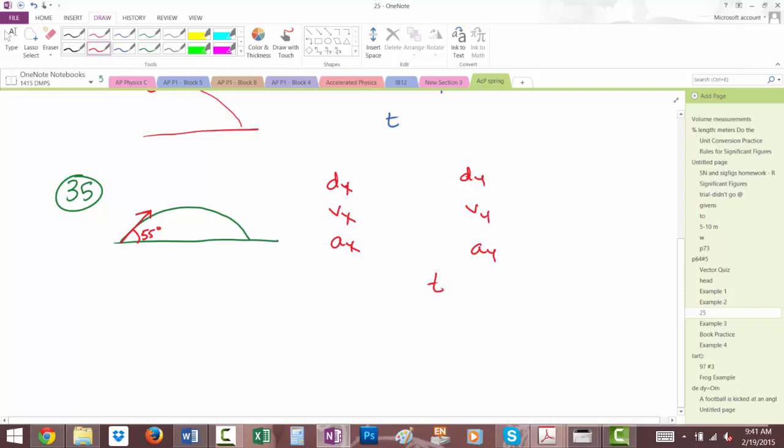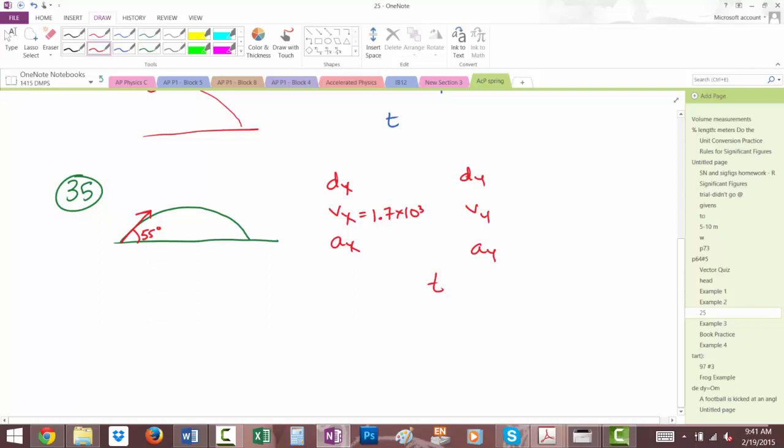I want to talk to different people. Give me a given for 35. Go, Jake. Vx is 1.7 times 10 to the third. Is all of the 1.7 times 10 to the third in the x direction?